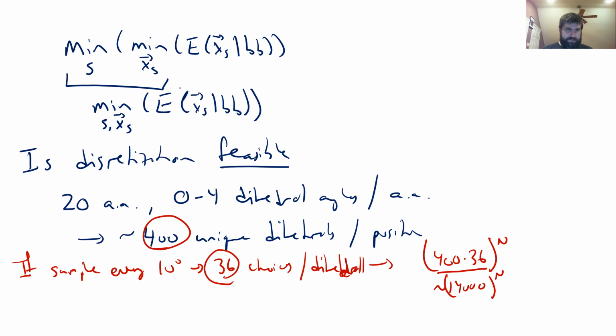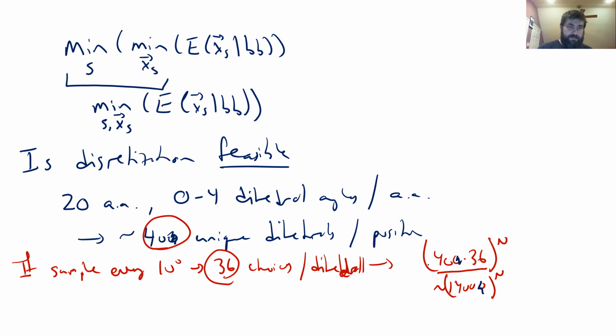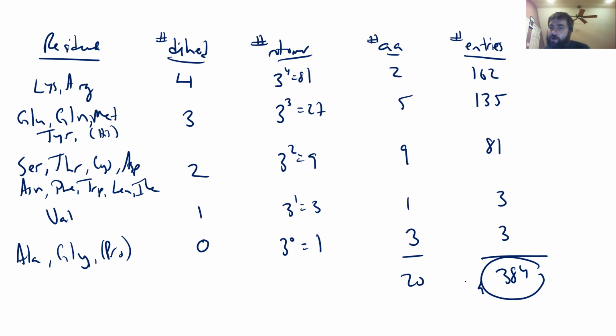Oh, sorry, there's clearly some wrong math in here. I hope somebody noticed this should not have been 400. This should have been 40. 2 times 20 is obviously not 400. And that changes this a little bit. Regardless, correcting that mistake, our overall size of our minimal rotamer library is maybe 400.